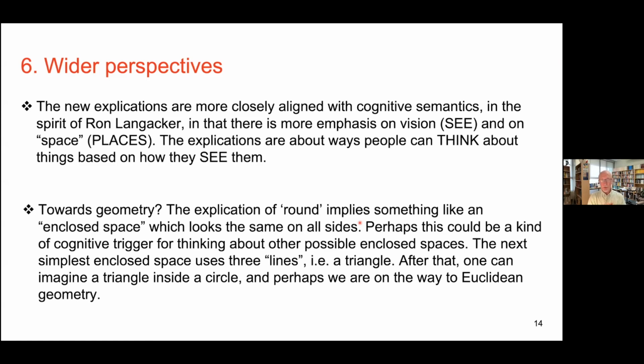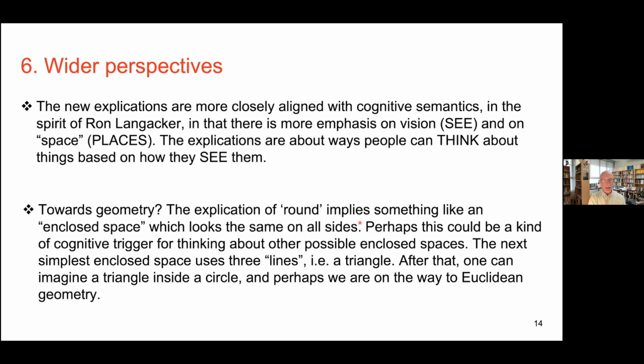And the final point, which may not be of interest or even make sense to lots of people, I think if we go back to the explication of round, you would see that there's something in that explication which we could understand as something like the concept of an enclosed space. The idea that there can be places inside some kind of area.